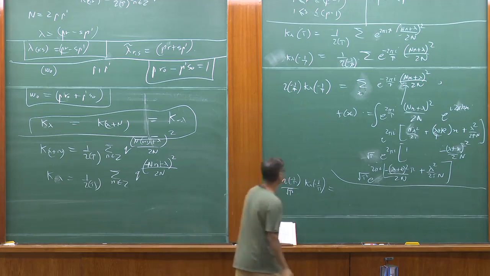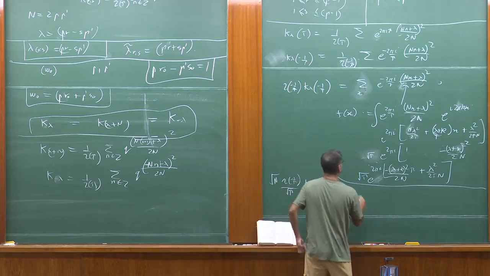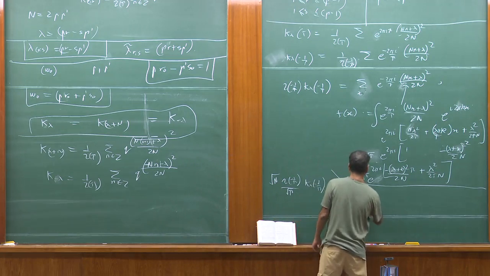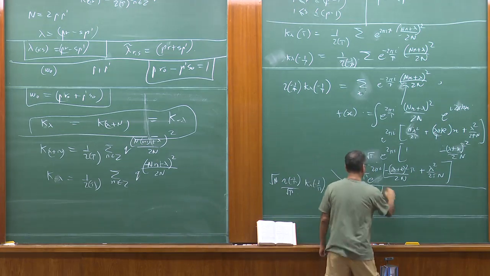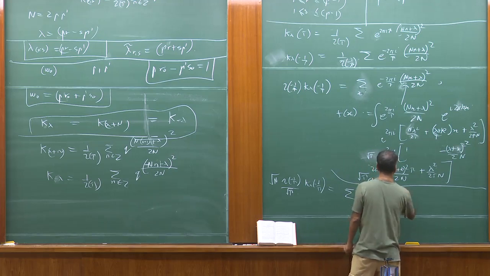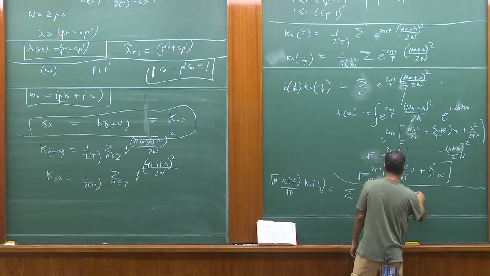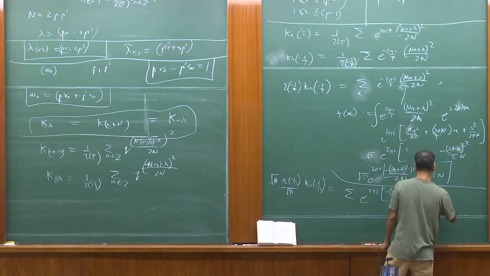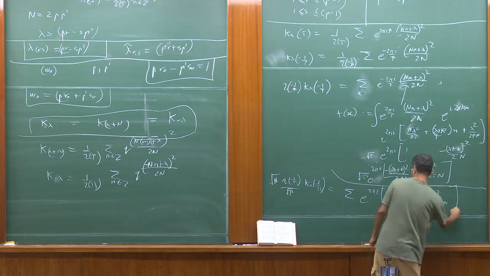This is equal to sum over all integers e to the power 2 pi i, minus lambda plus k the whole thing squared tau by 2n plus lambda squared by 2 tau n.